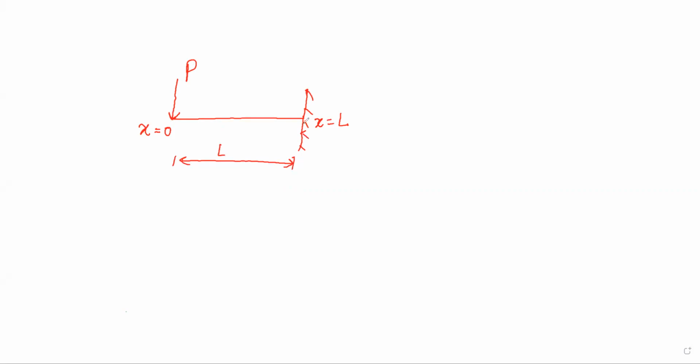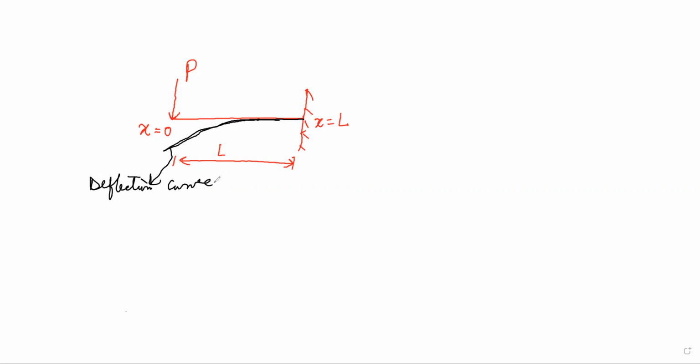Now, under the influence of this load, the beam will certainly deflect, but we don't know how it will deflect. We can guess at least that its deflection will be somewhat like this. Now we have to obtain the equation of this deflection curve. Deflection curve, how do we do it?